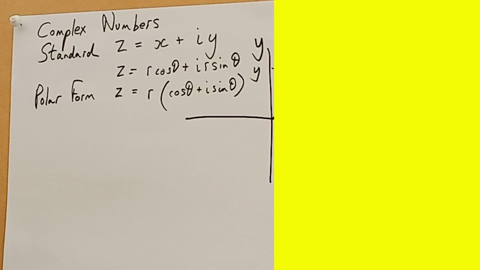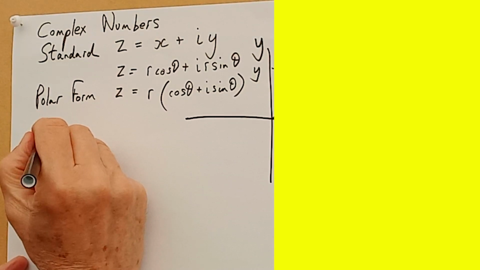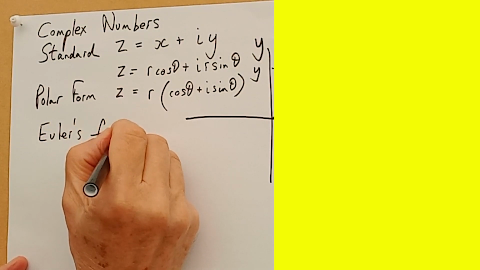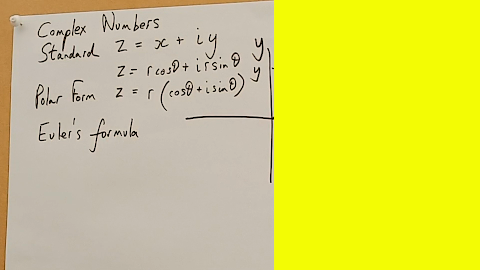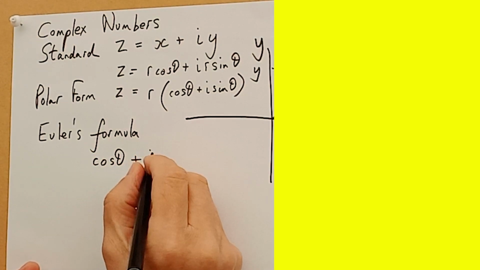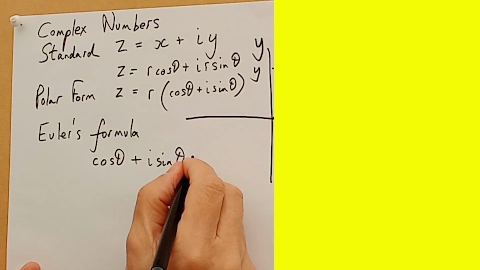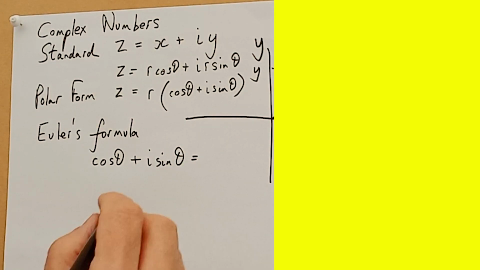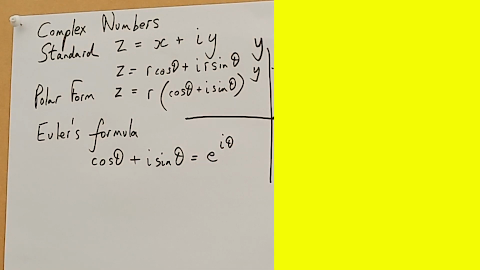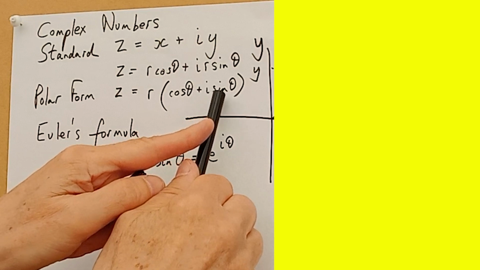The next one is called the exponential form of a complex number. Now, to get that, we need to go to Euler's formula, which is cos theta plus i sine theta equals e to the i theta. And you can see here we have cos theta plus i sine theta.